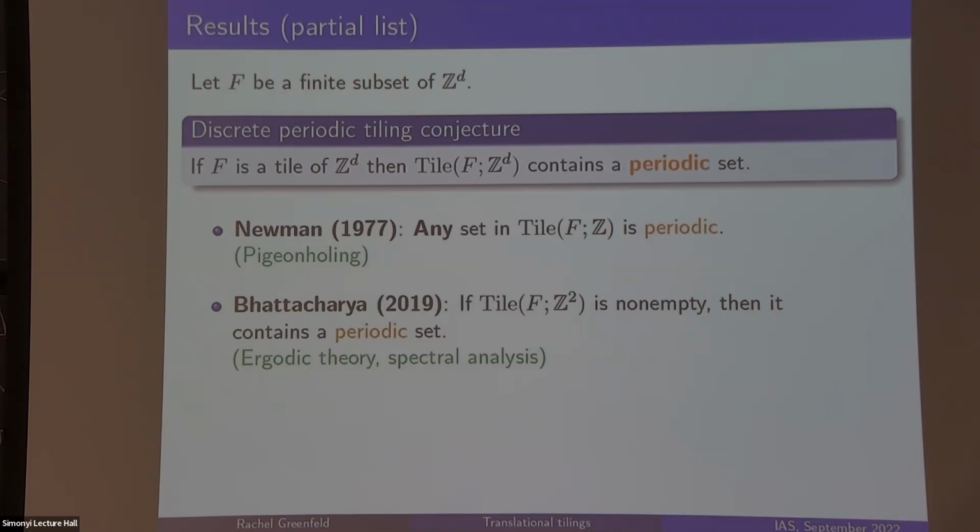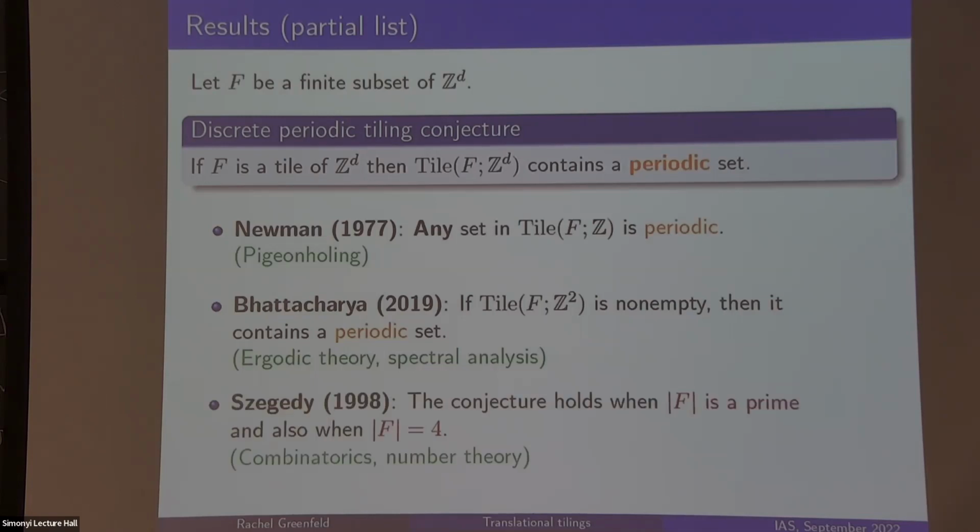And we were able, in 2020, to simplify the argument, or to suggest an alternative proof for this result, with Tao. And in higher dimensions, Szegedy proved that the conjecture holds for tiles of prime cardinality or cardinality equal to 4, using combinatorial and number theoretical techniques.